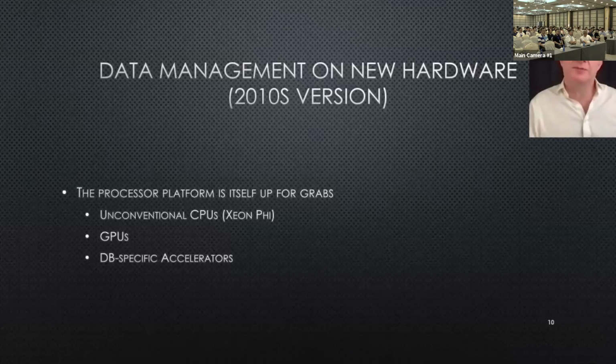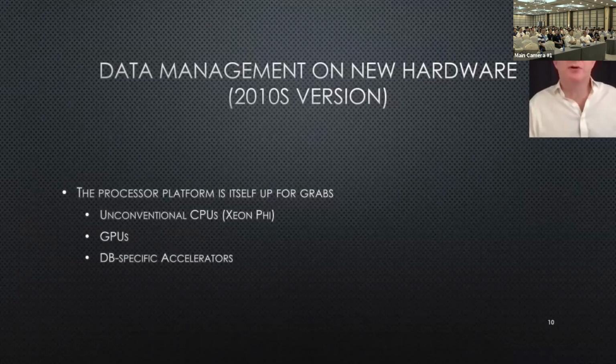An example here is the Xeon Phi, which is a less powerful processor than a conventional Intel processor, but because it's less powerful, you can have many more on a particular chip. And this processor used SIMD very extensively and multi-threading to get a different kind of performance profile than a conventional CPU. So maybe that is a platform that could be examined for data-intensive computations.